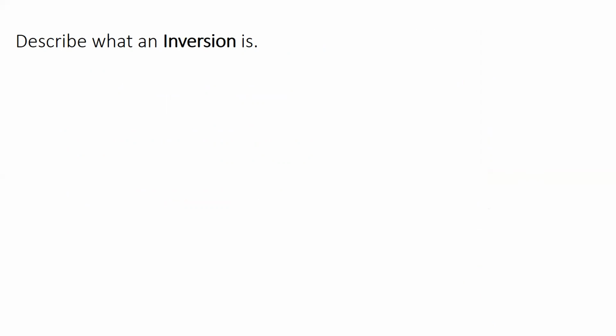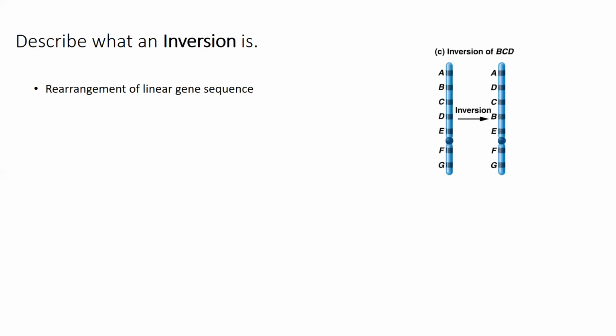Okay, so describe what an inversion is. Inversion is essentially a linear gene sequence rearrangement. It is like flipping a DNA sequence so it detaches, flips, and then reattaches itself, right?